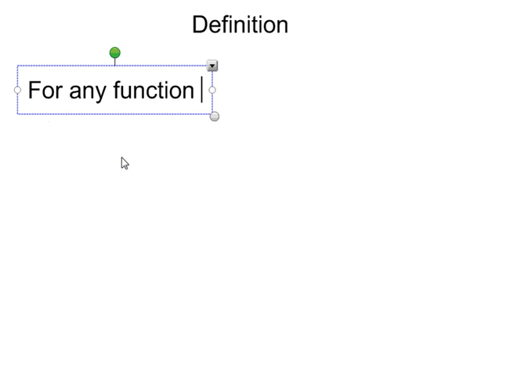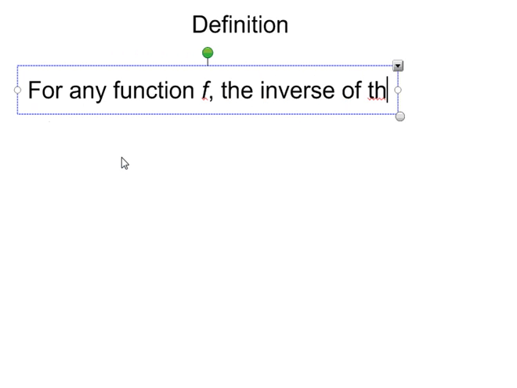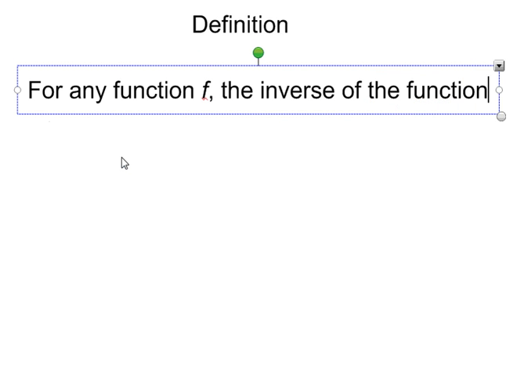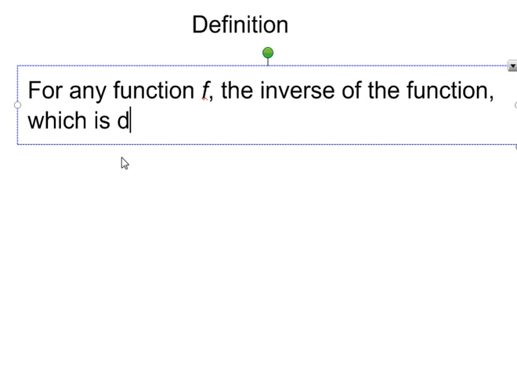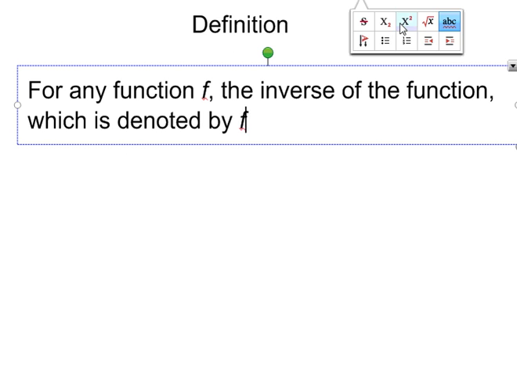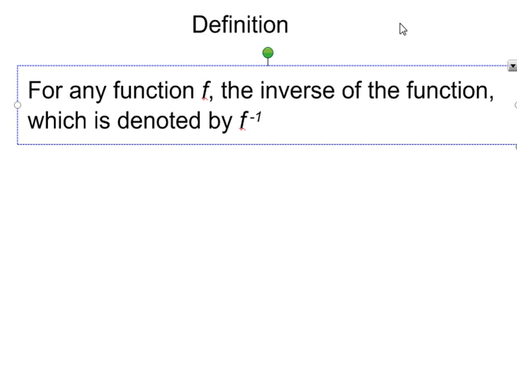So to come up with a more formal definition, let's say that for any function, and we're going to call this function f, the inverse of the function, which is denoted by f, and then we're going to put a -1 as a superscript. So up in the top part, put a -1 there. This means inverse of f.